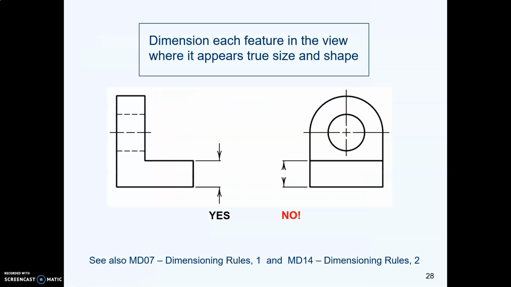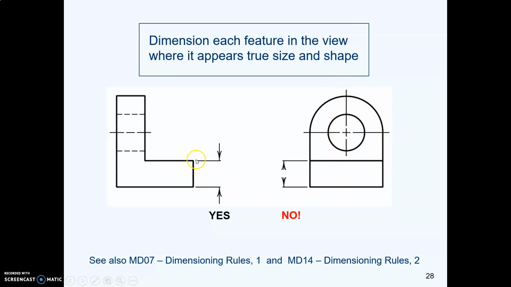And then a final guideline, which we will talk about in more detail in another lecture. Always dimension a feature in the view where it appears true size and shape. Here is an L-shaped bracket that has one rounded end with a hole.